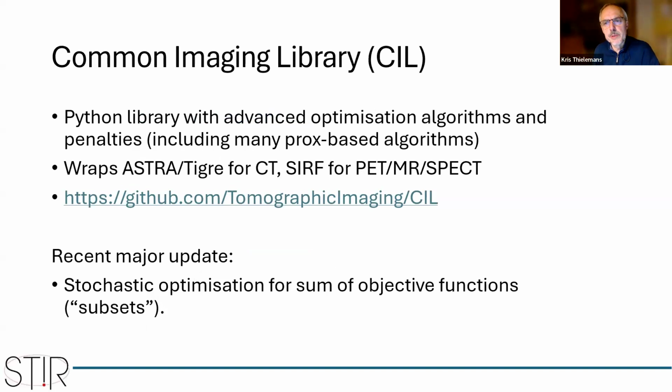It is a Python library where the part that we use of it are advanced optimization algorithms, and also penalties or priors, including algorithms suitable for non-differentiable penalties, which we don't have in STIR at all. It was mostly developed for CT, but actually suitable algorithms can be used for PET, MR, and SPECT reconstruction as well.